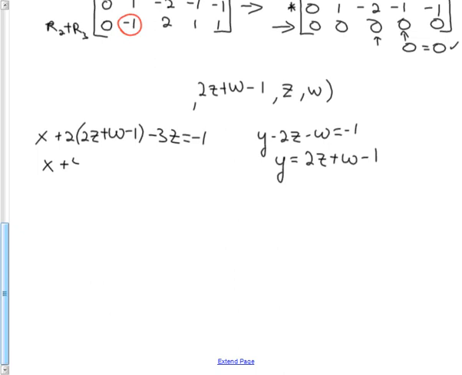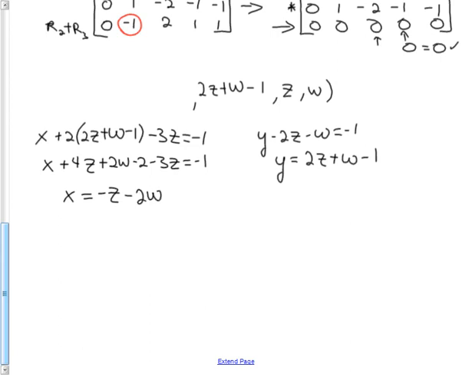Okay, x plus 4z plus 2w minus 2 minus 3z equals negative 1. Let's just figure out. Uh-oh. W. See, you don't want to make one of those little mistakes. All right, I have 4z minus 3z, so I have 1z. Subtracting it, negative z. Minus 2w, subtract it.